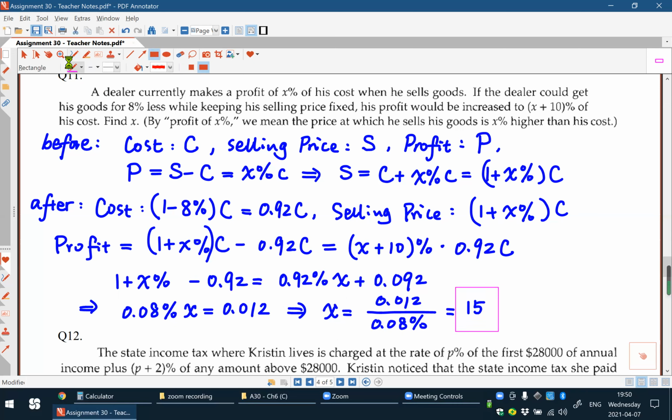Okay. Do you have any questions? So the key is to make use of all the information and establish the equation here. This is our equation, and based on the equation, we can find the value of X.